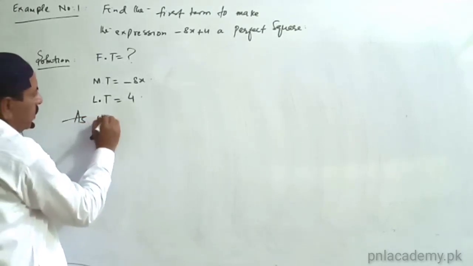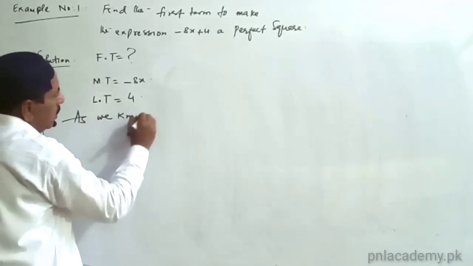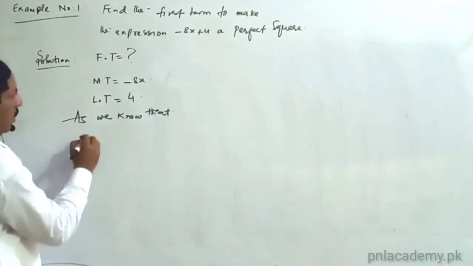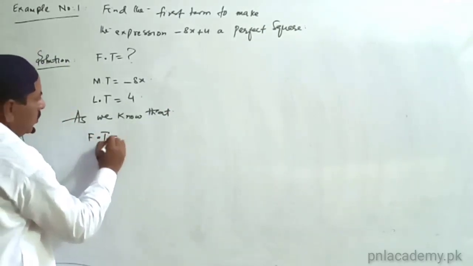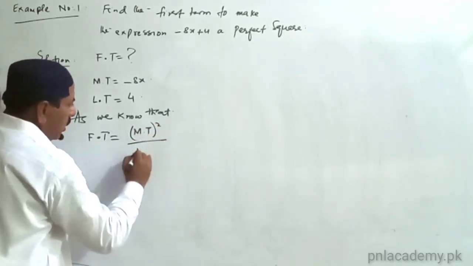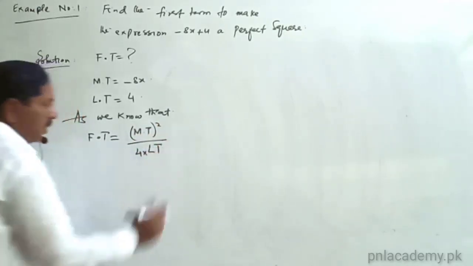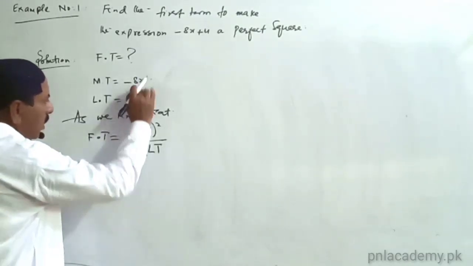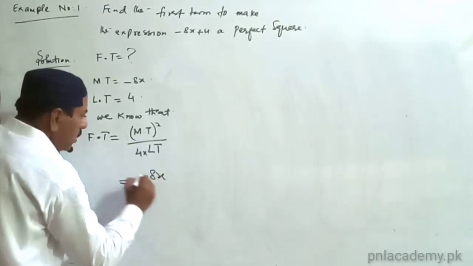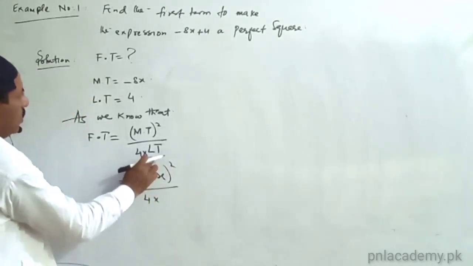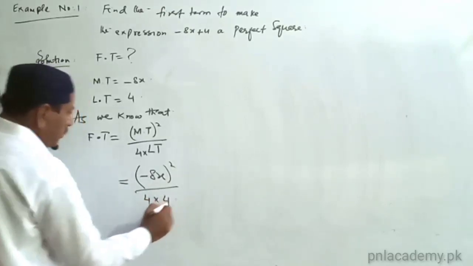So as we know that the first term is equal to middle term square upon 4 into last term. So there will be minus 8x whole square upon 4 into last term, which is 4.